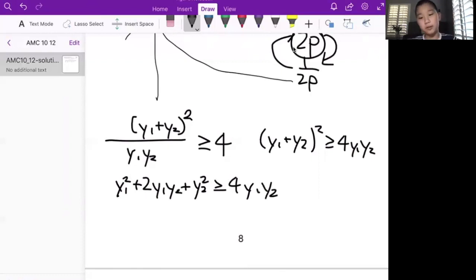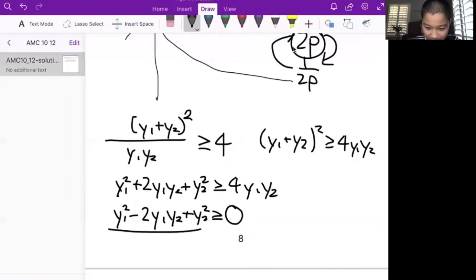Then let's move all the variables to one side. So subtract 4y1 y2 from both sides. We get y1 squared minus 2y1 y2 plus y2 squared greater than or equal to 0.